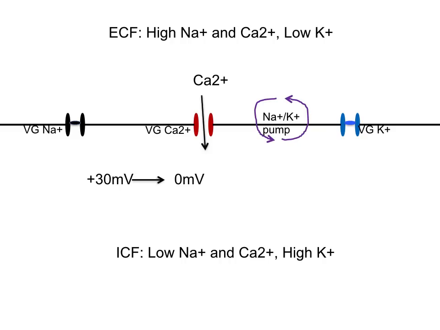Now, this has a lot of significance. The inward flow of calcium, because of these unique channels, binds to calcium channels on the sarcoplasmic reticulum. This opens the calcium channels in the sarcoplasmic reticulum, allowing this organelle to release larger amounts of calcium into the cytosol than in skeletal muscle fibers.